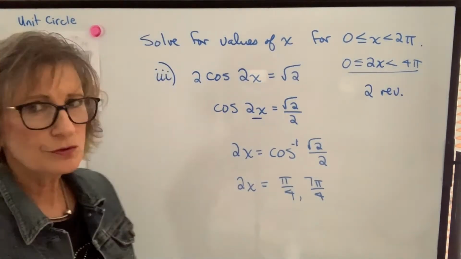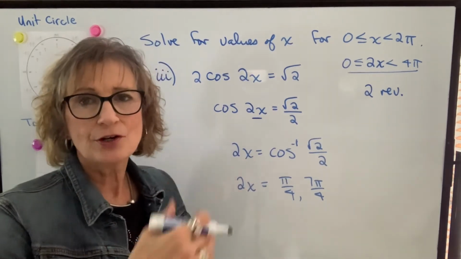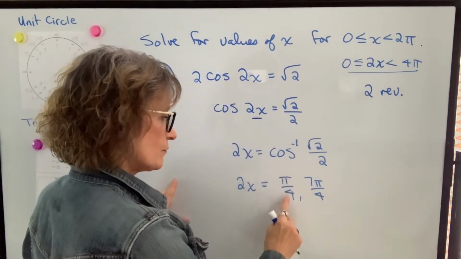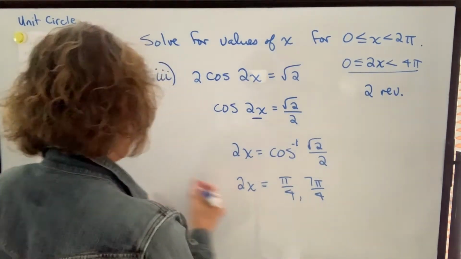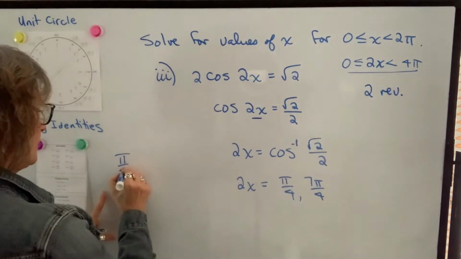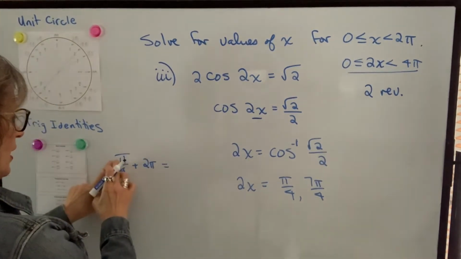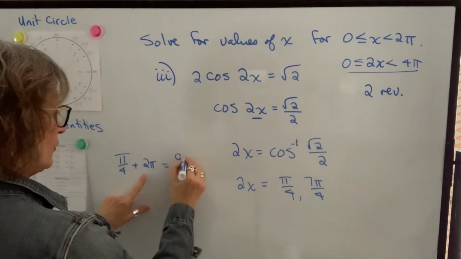But those are the 2 angles just in one rotation. We go another rotation to get our next 2 angles, and the way that we find those is we just add a revolution to this and we add a revolution to this. So if we have pi over 4, we add a revolution which is 2 pi. Pi over 4 plus 8 pi over 4 gives me 9 pi over 4.